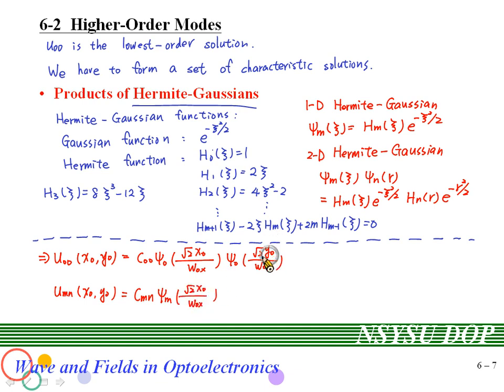And along the y0 direction, the order will be n. These are the defined Hermite-Gaussians, and they are the characteristic solutions of the paraxial wave equation. So all the Hermite-Gaussian functions can form a set of characteristic solutions.